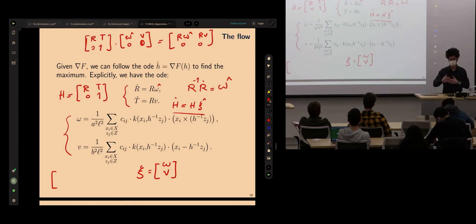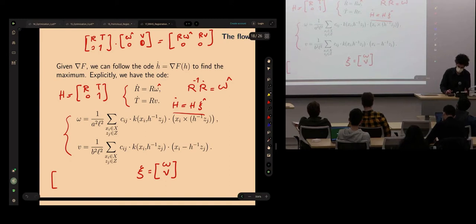It makes sense because translation will not change where we are. It's not going to change the magnitude of the velocity. But what direction we move, it will change. And that's what we see here. So we know the gradient, and this is nothing but the reconstruction equation of the Lie group.